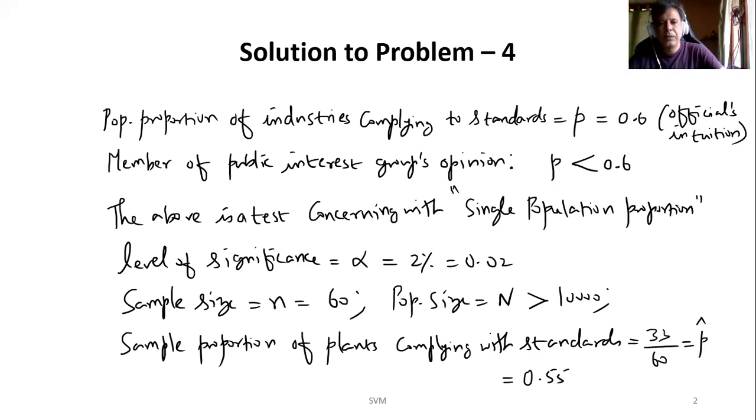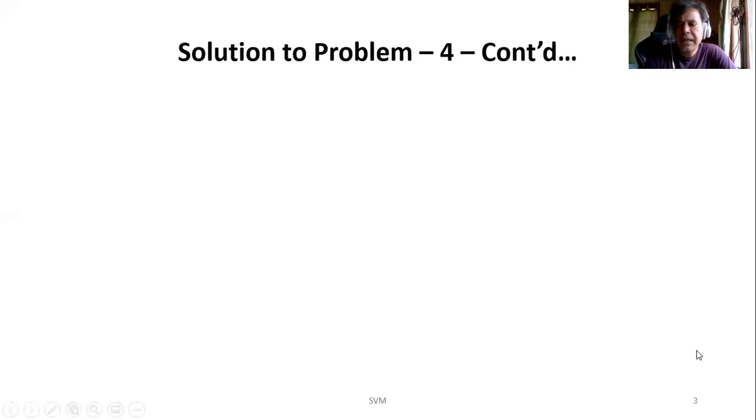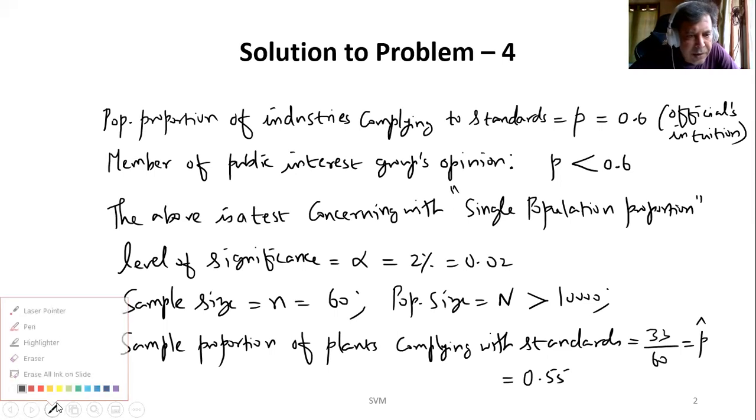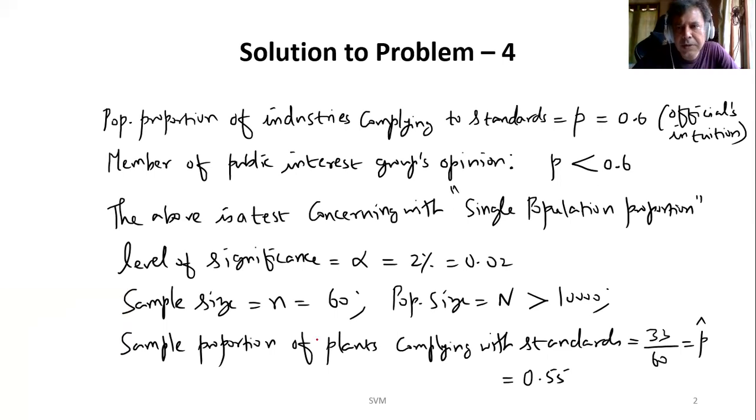Right. So now the next step is the hypothesis. Here itself we have that wherever equality is appearing, that will be considered as the null hypothesis. And wherever equality is not there, it will be considered as the alternative hypothesis.